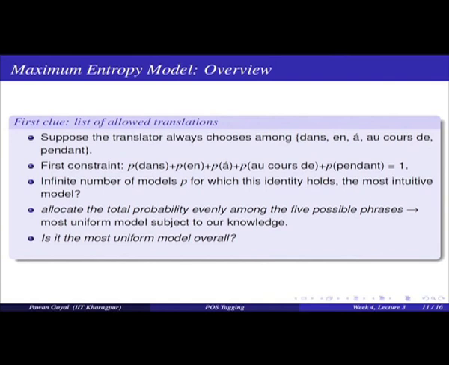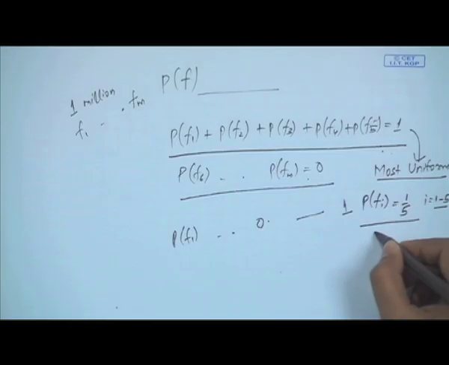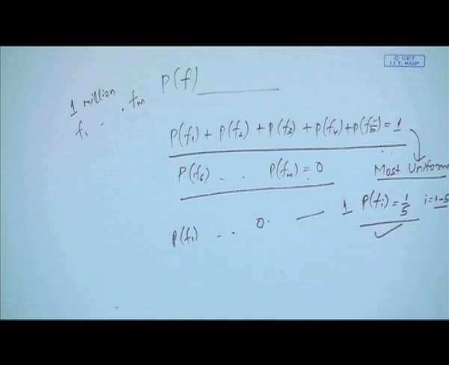Now, is this the most uniform model overall? Suppose I didn't have this constraint. What would the most uniform model be as such? It would be the one that gives equal probability to each of the million French phrases, a probability of 1 by million to each. That is the most uniform model. So the model that I have obtained, which gives probability 1 by 5 to each of these 5, is not the most uniform model overall.